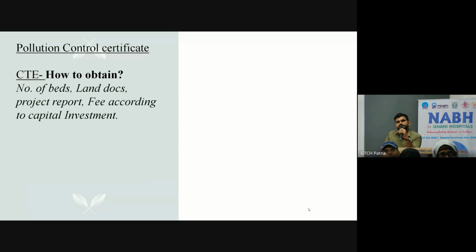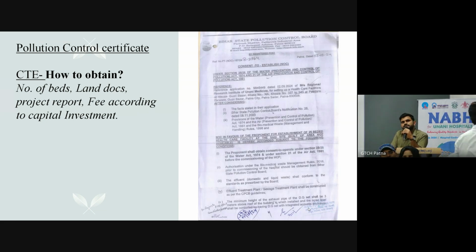And next is the fees according to the capital investment. This is very important. As much as your capital investment is, the fees will vary accordingly. If your capital investment is 1 crore, 2 crore, 5 crore, 10 crore, the CTE fees will increase accordingly. And this is how that CTE certificate looks like.